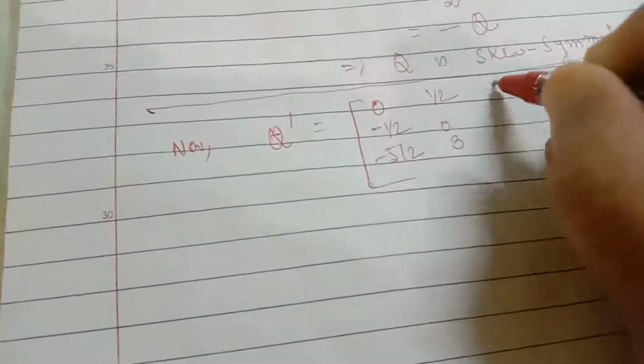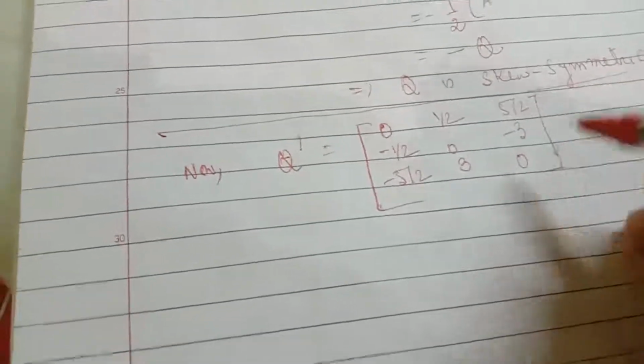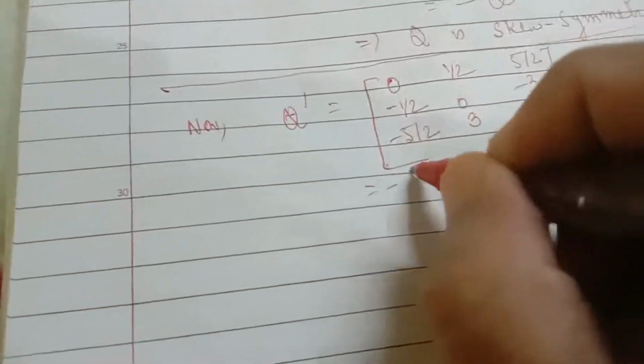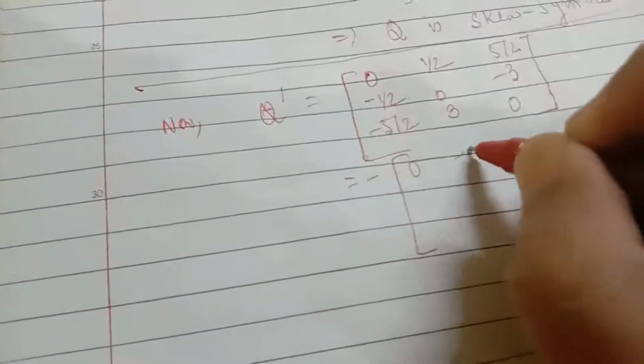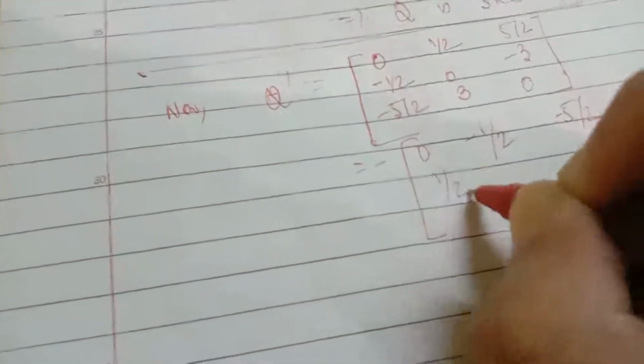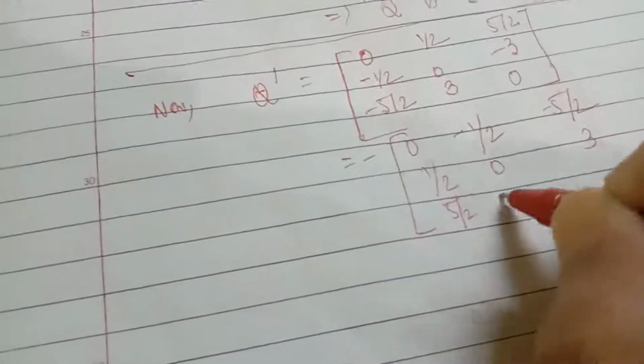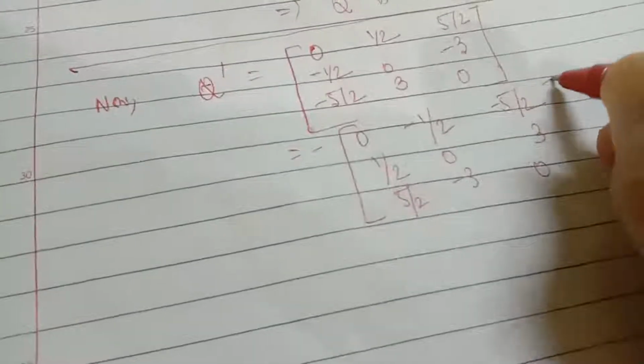Third column will be 5 by 2, minus 3, 0. Taking minus sign common, this will be 0, minus half, minus 5 by 2, half, 0 and 3, 5 by 2, minus 3 and 0.